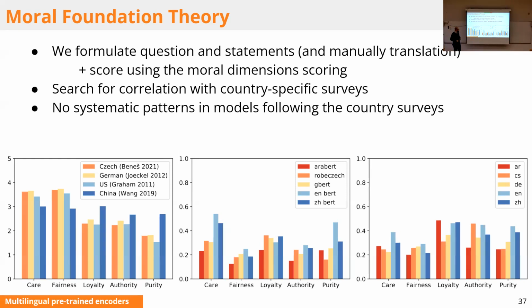Hashim did the Arabic translation. Here you can see these high scores for loyalty, authority, and purity in Chinese, and higher values of care and fairness in Europe than in the United States.